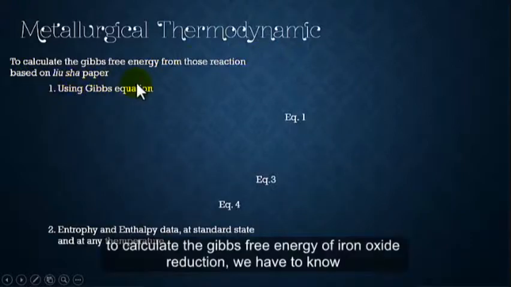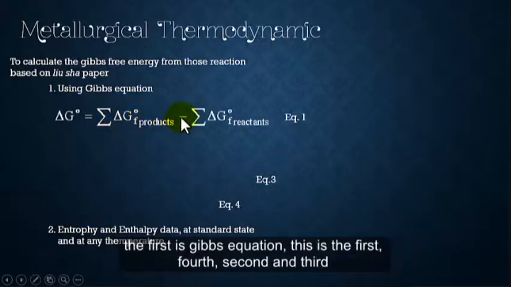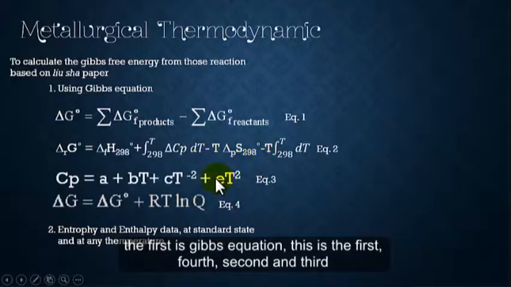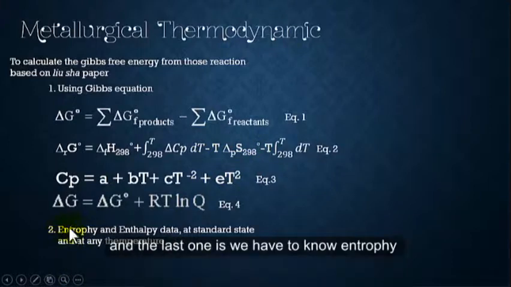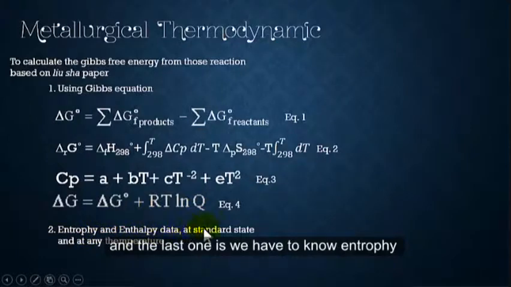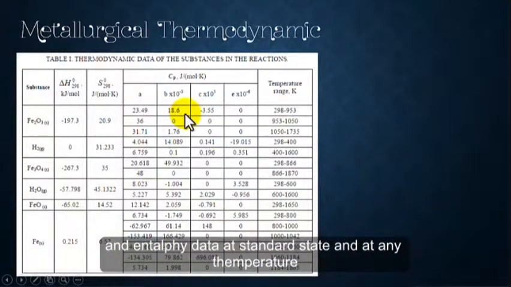To calculate the Gibbs free energy from this reaction, based on the paper by Lewis, at first we use the Gibbs equation. This is equation 1, and these are equations 4, 2 and 3, and the last one. We have to know the entropy and enthalpy data at standard state at any temperature. These are the data.